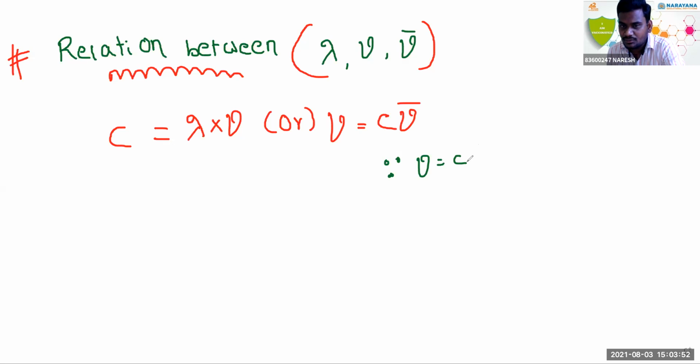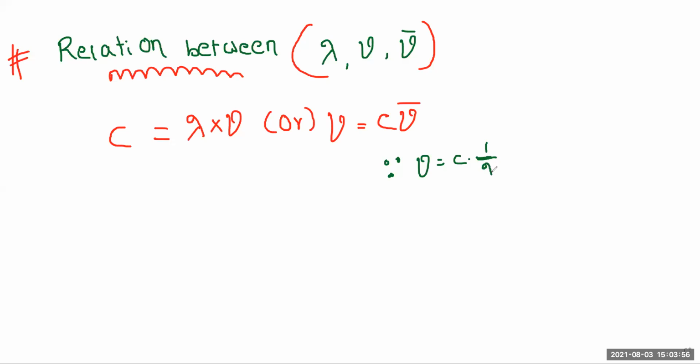So C into 1 by lambda, that is the reason it is equal to lambda into nu.